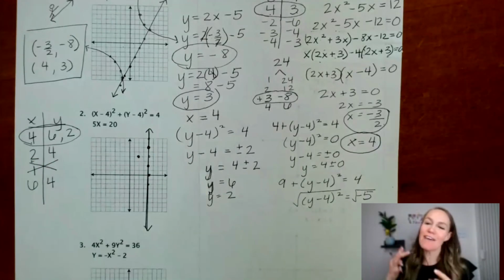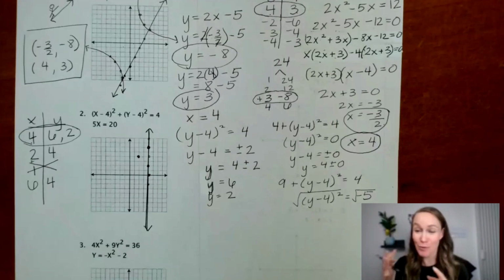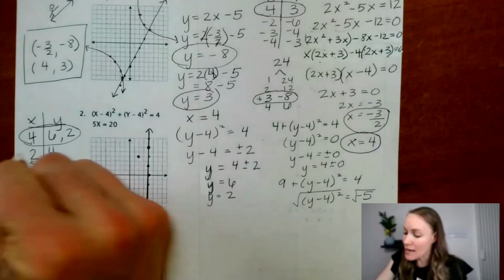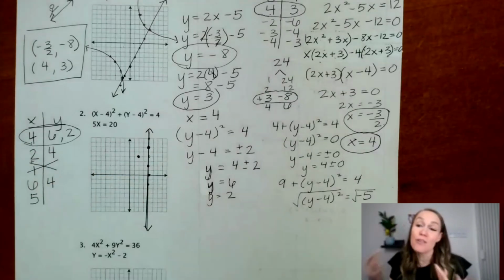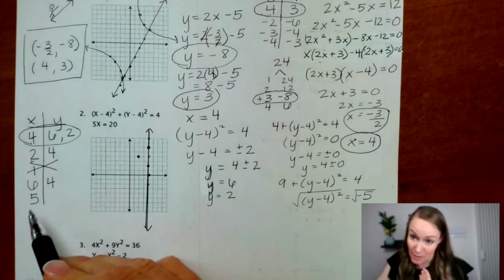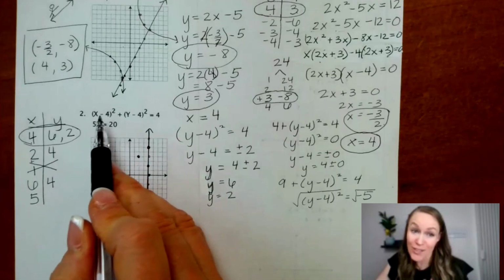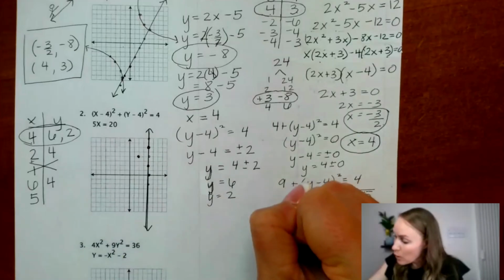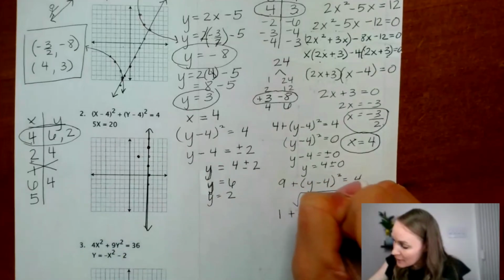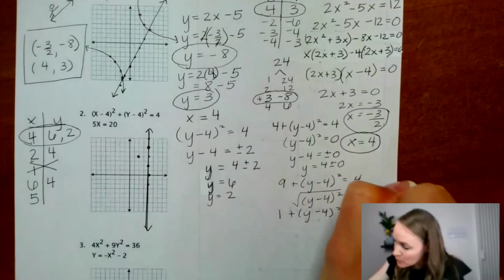If you didn't have a good intuition about where to pick points, we could pick x equal to 5, or we could pick 3. Let's pick 5 and see what happens. 5 minus 4 is 1. 1 squared is 1. So I have 1 plus y minus 4 squared equals 4.